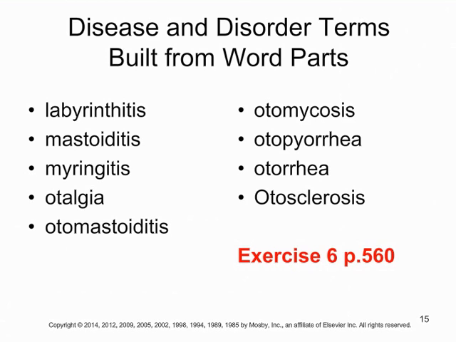We have otomastoiditis, which is another inflammation. In this case, you have two word roots, so you would have both your ear and your mastoid bone inflamed. We can also have otomycosis. If you remember, osis is an abnormal condition, and myco is fungus.